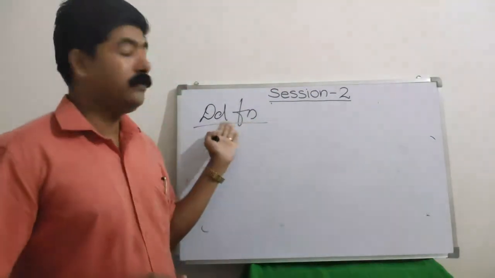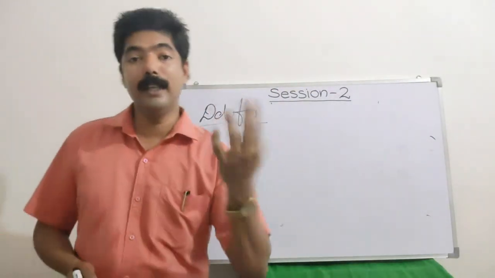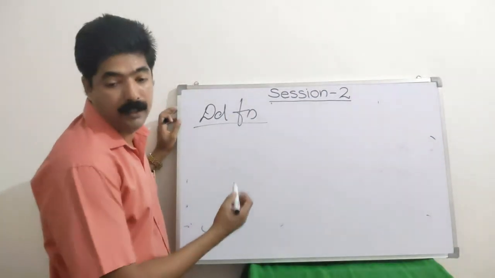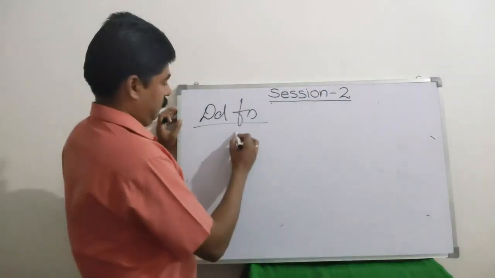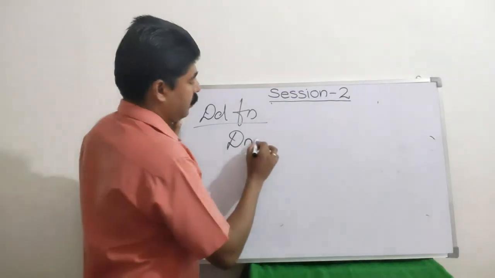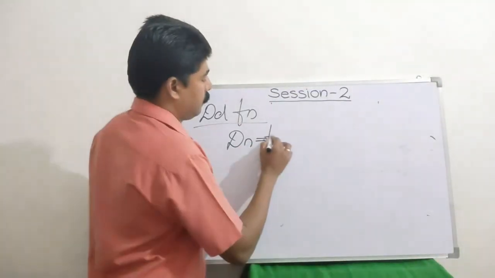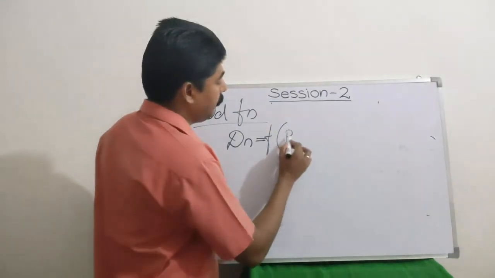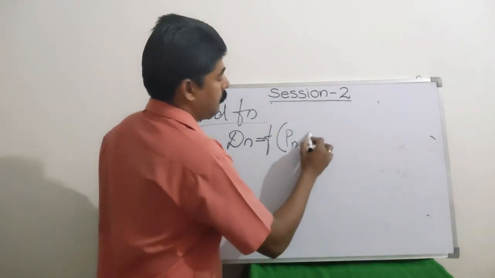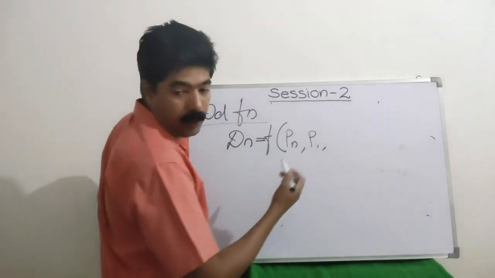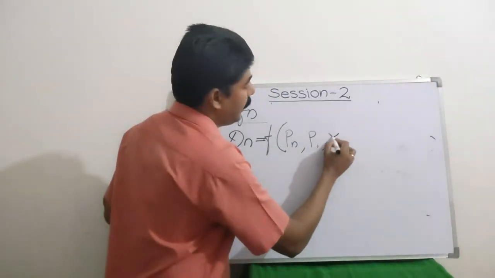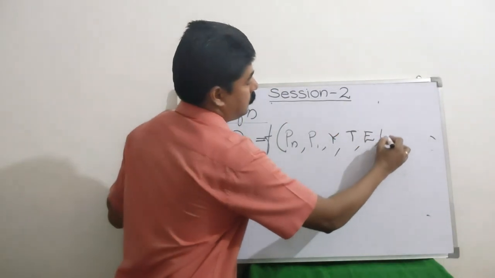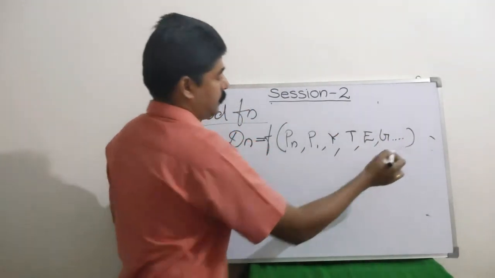So the demand function we can write symbolically. We can write a symbolic expression of the demand function. They are: Dn = f(Pn, P1, Y, T, E, G, etc.), and close the bracket.